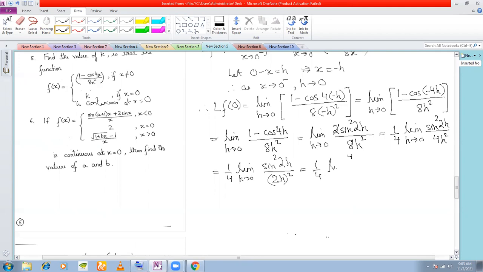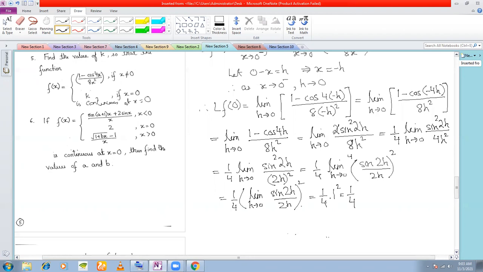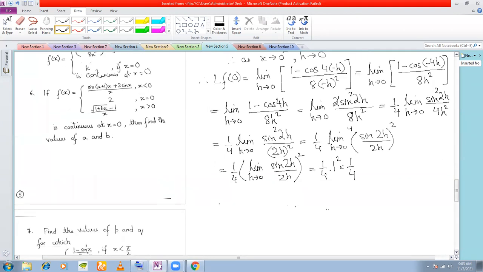One-fourth limit h tends to 0 of sine 2h by 2h, whole square. So you get 1/4 of the square of this limit sine 2h by 2h, and you know that limit x tends to 0 sine x by x is equal to 1. So this you get as 1/4 into 1 square, and the value of this limit you are getting as 1/4. So we have evaluated the left hand limit.